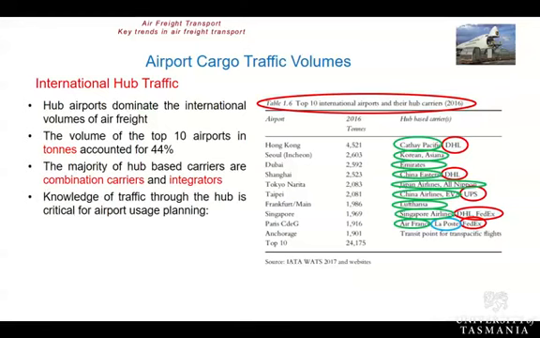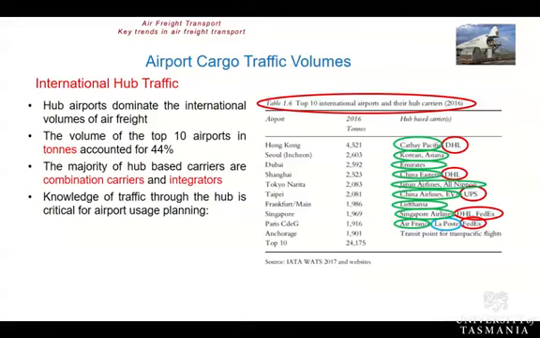One of the important things, and why the volumes moving in and out of the hub are studied quite intently by any air cargo airlines, is because they need it to plan their movements in and out of that particular hub.